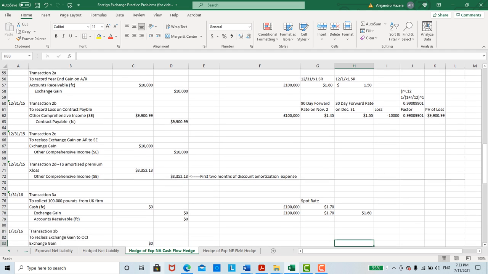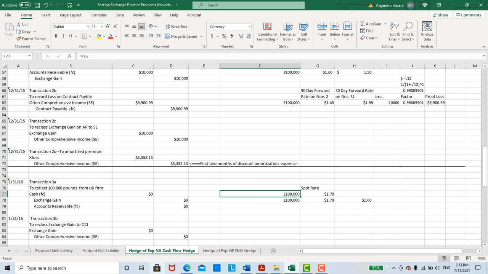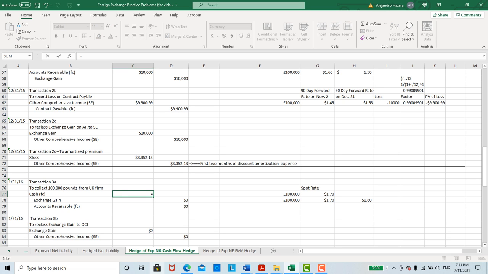So a lot of the logic does hold true. So this entry is very similar to the old entries. It is like the old entries. Okay, so first thing we're going to do is we're going to collect our cash, we're going to collect our British pounds, and it does say foreign currency there. So you're going to be holding on to British pounds, but they're going to be worth $170,000, which is 100,000 British pounds times $1.70.